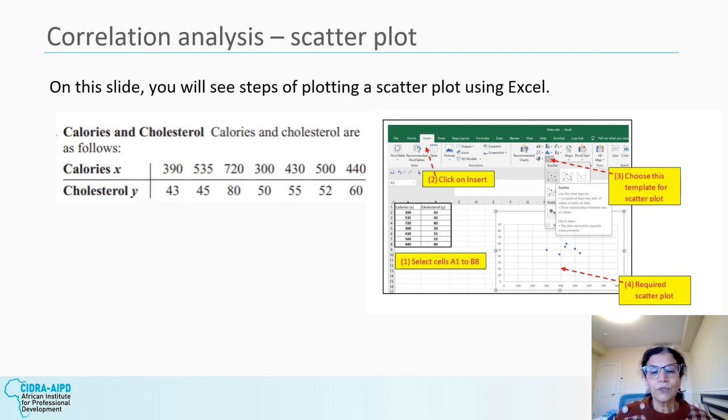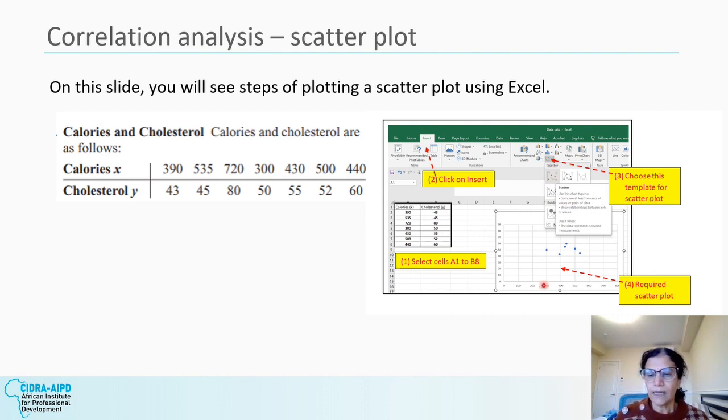How to draw a scatter plot for the same data? You have already entered the data. Select two columns together from cells A1 to B8. On the top you have the Insert tab. Click on Insert. When you press Insert, you will see the templates for graphs. You need to choose this template for scatter plot. That's it.